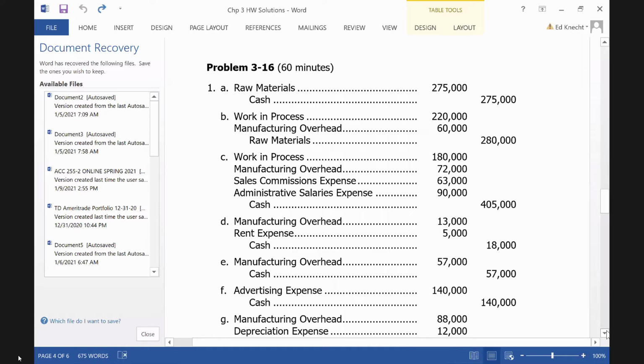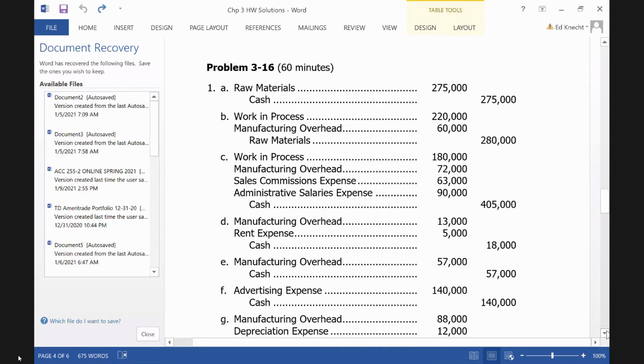And that's exactly right. If you divide 330,000 by $200,000, you're going to get 1.65, or you convert it to a percentage, 165%. Your overhead is being applied 165% greater than your direct labor cost.